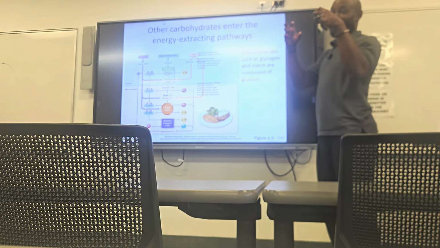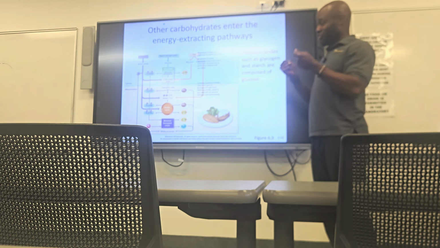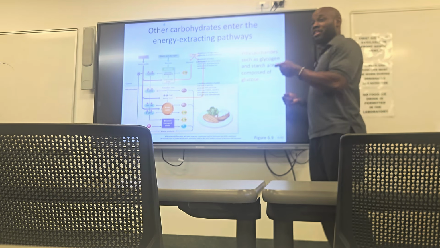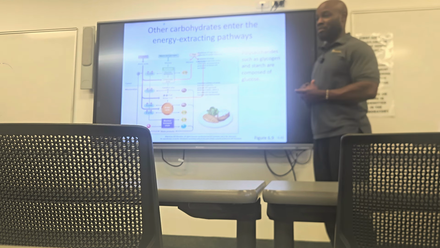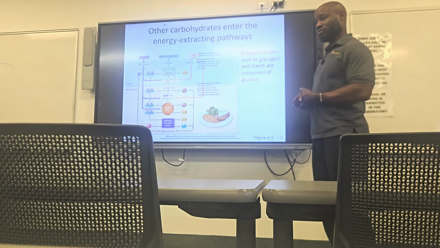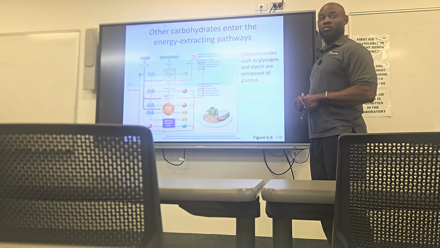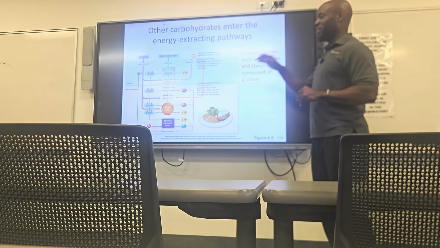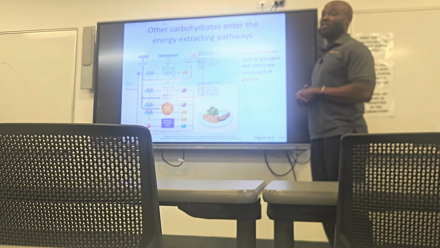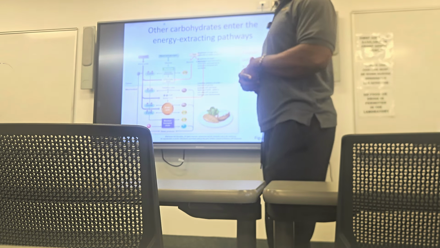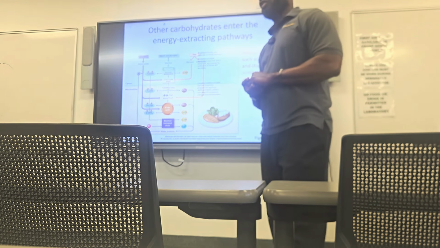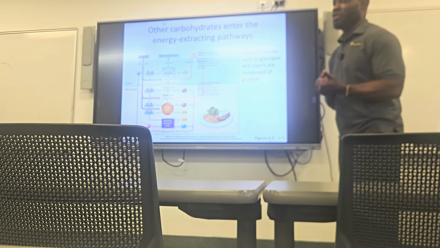We have to break those down and eventually get to glucose that our cells can use, right? Does anybody know how that happens? How we get from the food we eat to glucose. Well, glucose is a monosaccharide that our bodies can use.